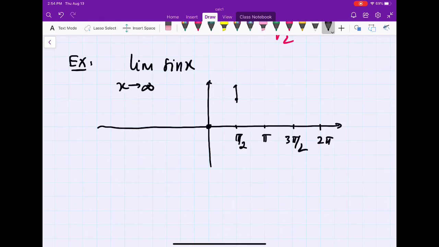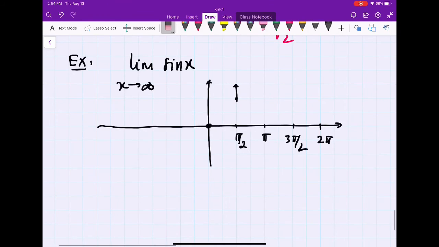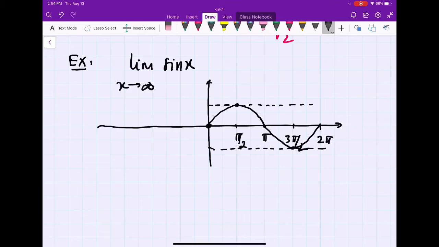Okay, let's say this is 1, and this is -1. So you have 0 in here, and then go down here, and then go up, right? And then you just continue that. And here you have almost the same.